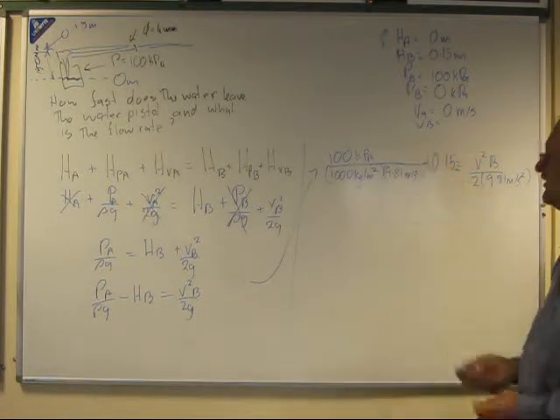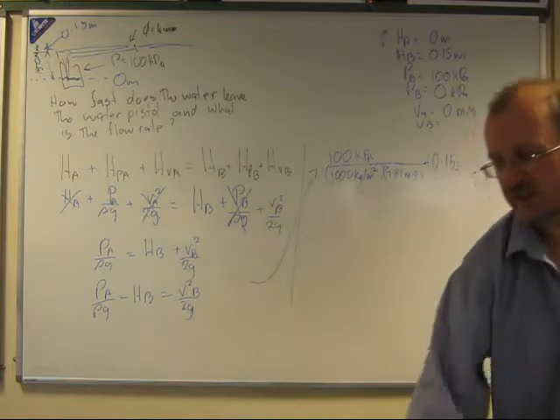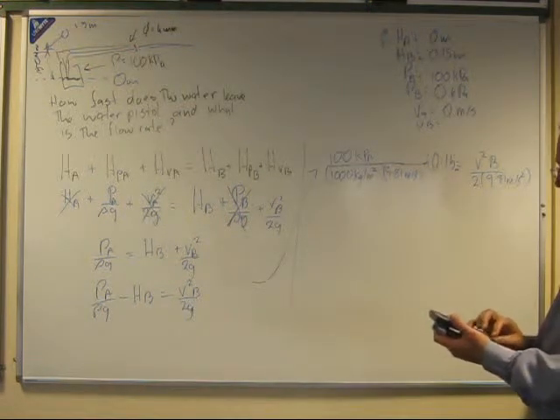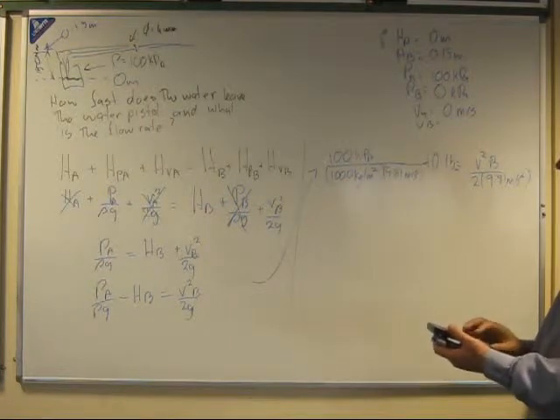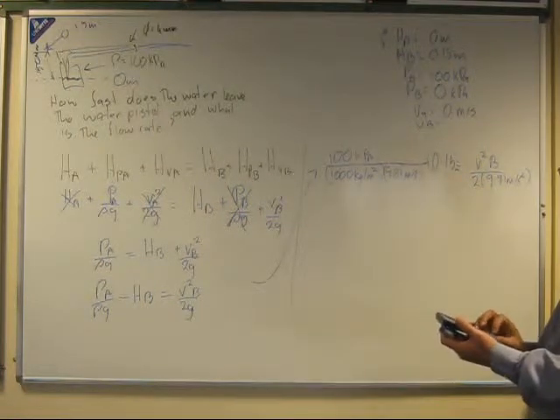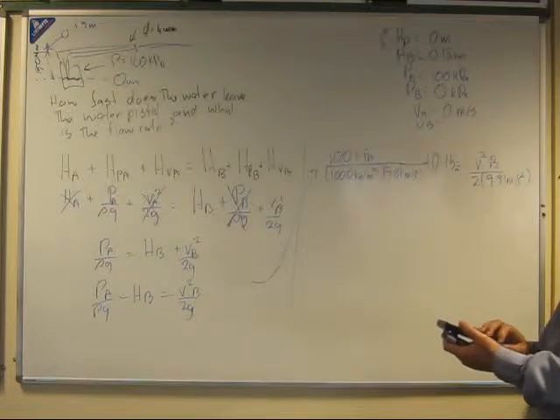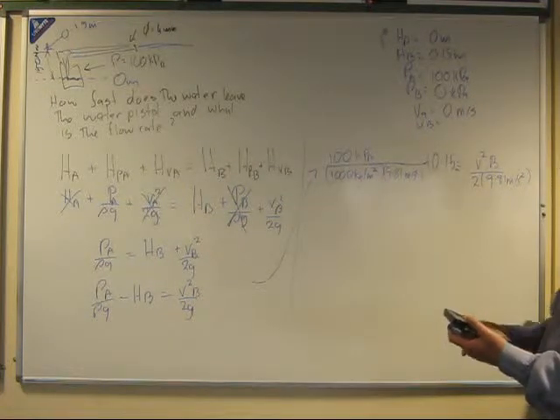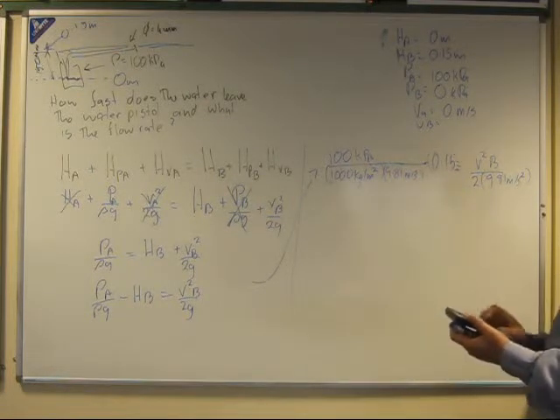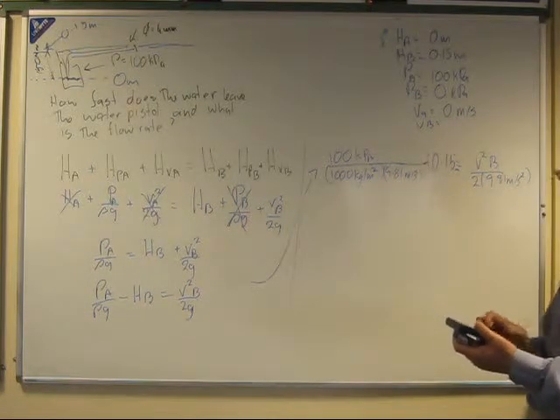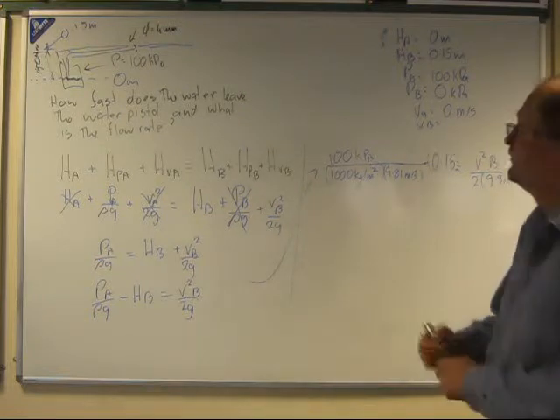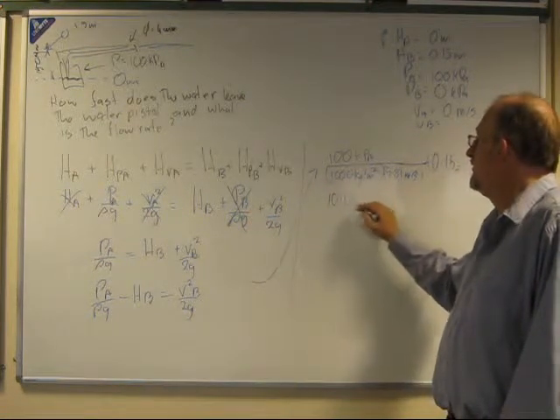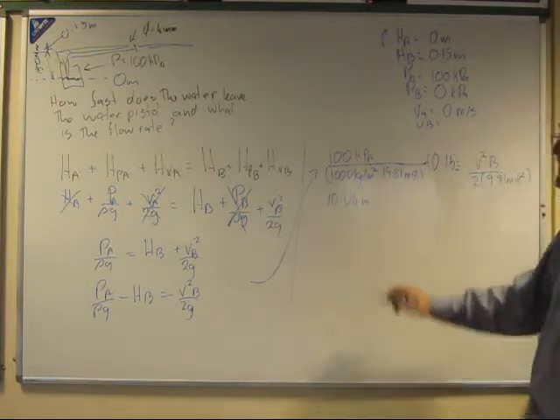Okay, so we can then stick that into our calculator. Simplify that down a bit. 100,000 divided by 1,000, divided by 9.81 equals 10.19, minus 0.15 equals 10.04. And remember the unit is going to be meters.